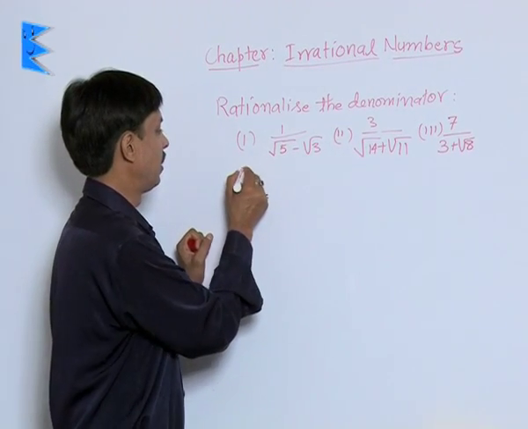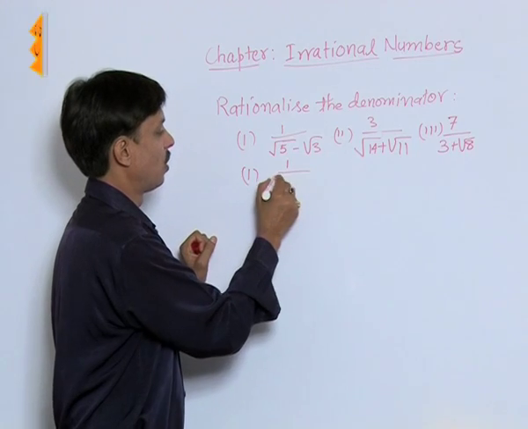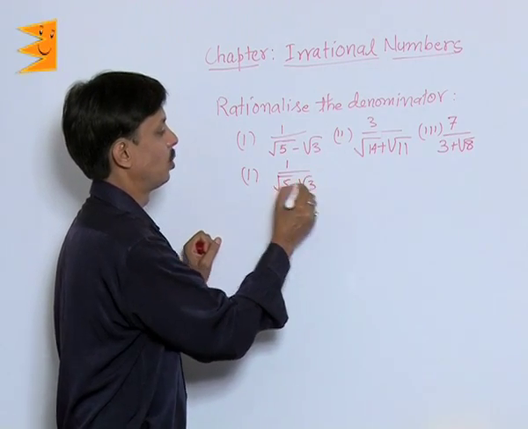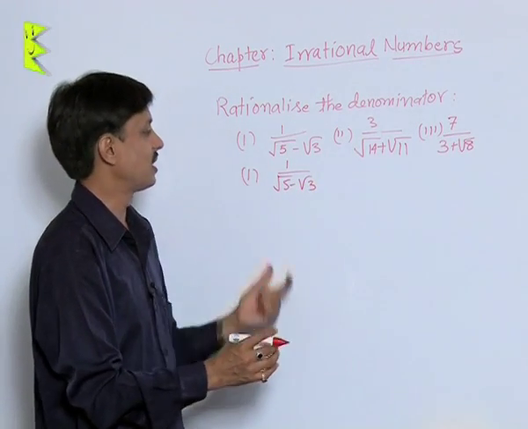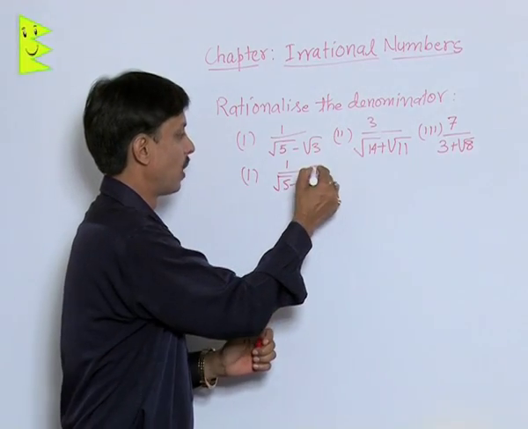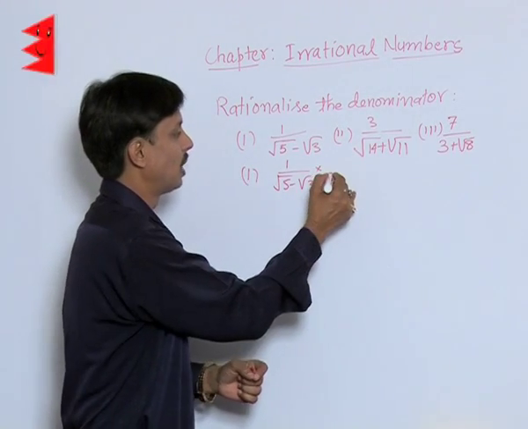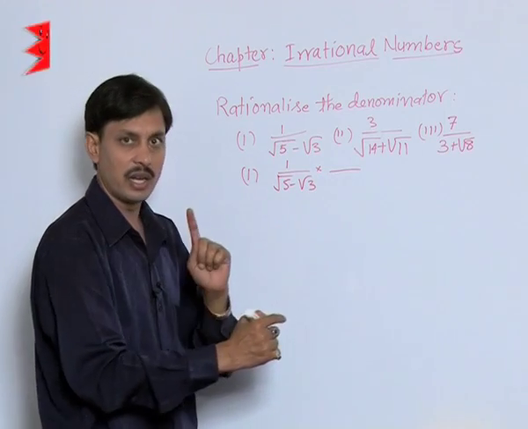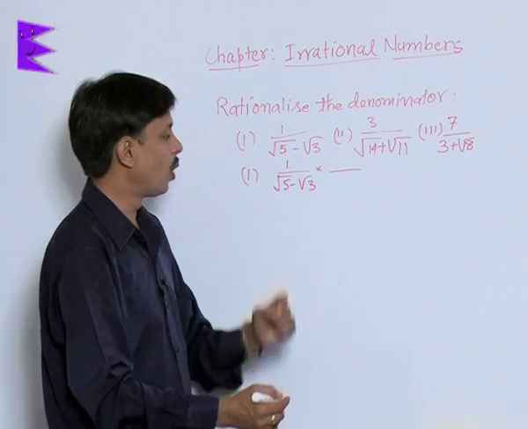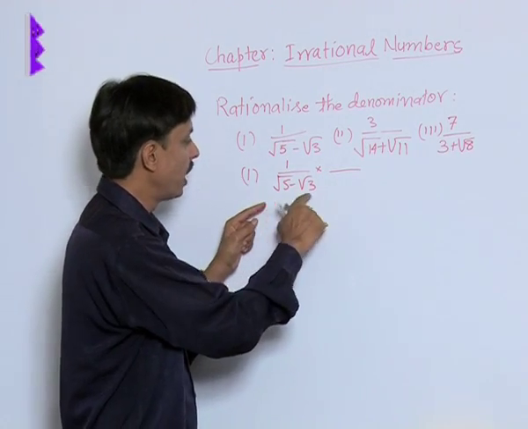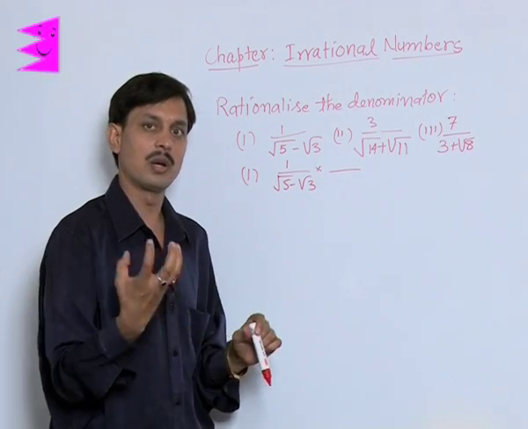First part I am taking here 1 upon root 5 minus root 3. If I want to rationalize its denominator, I have to multiply numerator and denominator both by the conjugate of the denominator. What is the conjugate?